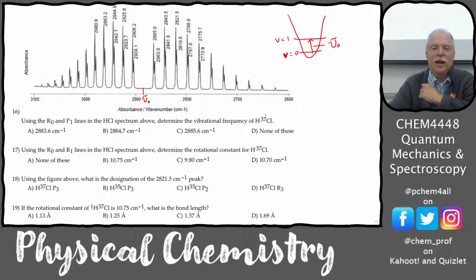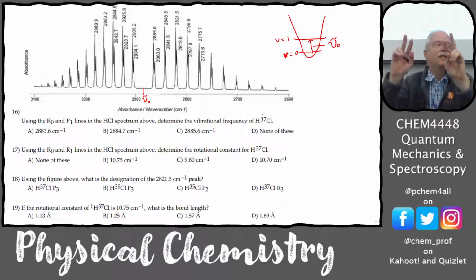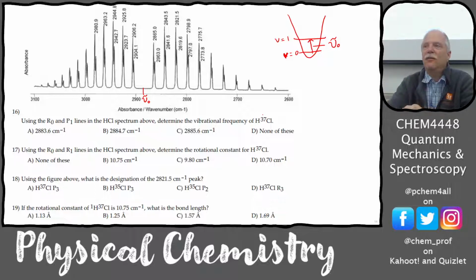So the person was like, how do I know which one of these little doublets is the 37 versus the 35 isotope? So how did you solve that problem, if you even considered it? Any ideas? Okay, look at the periodic table. What's the mass of chlorine? 35 or what? 35.5, really. So it's not perfectly 35, but it's closest to 35. That tells you the most abundant isotope for chlorine, given the two combinations of 37 and 35, is 35.